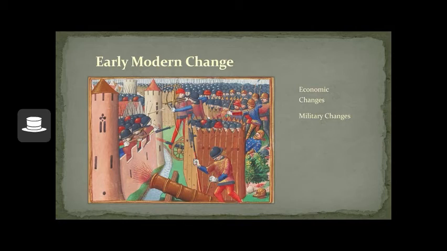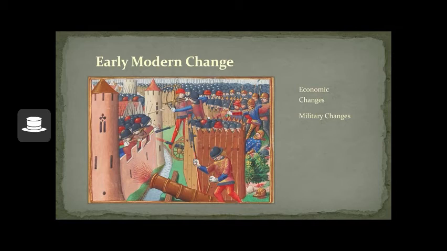Navies were going to now allow kings to project their power overseas and over a wider area. Now, one of the things that this military revolution was also going to bring about was that it was also going to cost a lot, right?